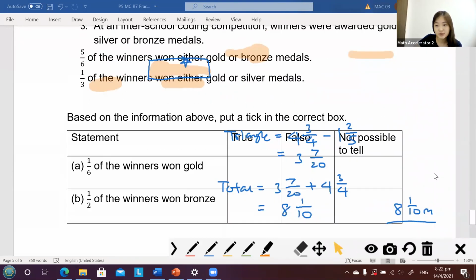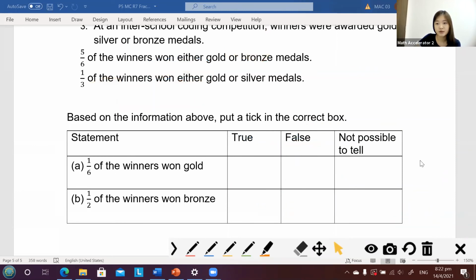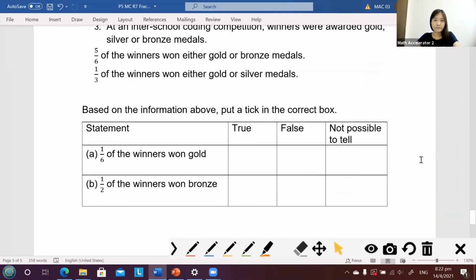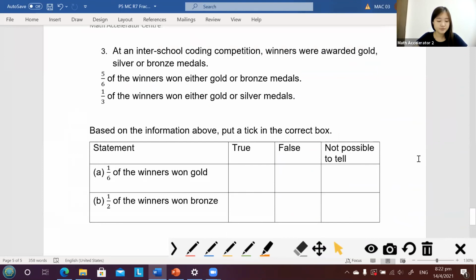Question 3. I'm gonna clear this up. Okay, question 3. This question actually came out in PSLE 2018 in paper 2, and a lot of students were not able to do this question.